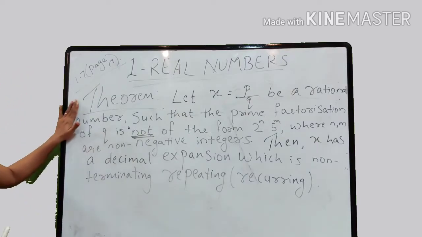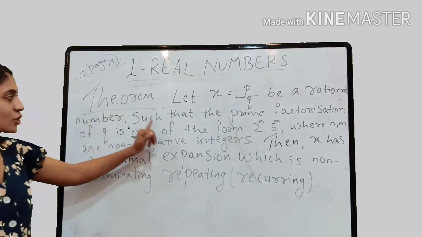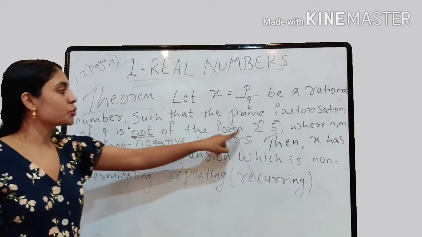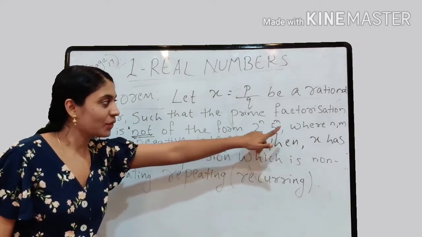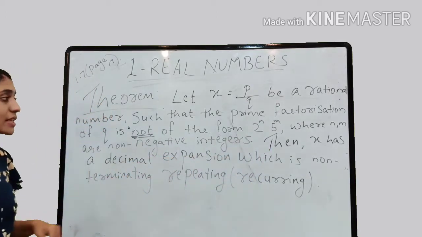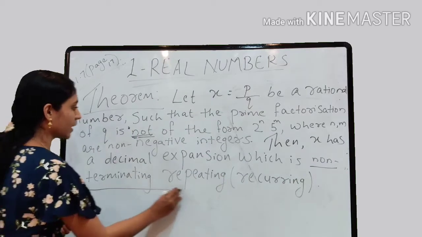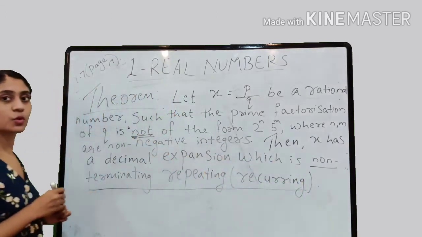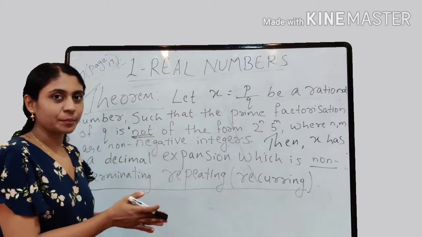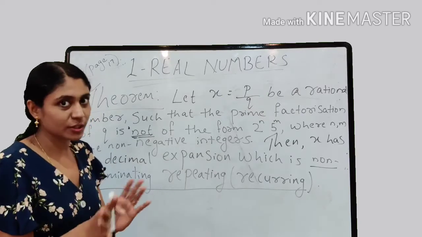So what the theorem says, once again, let x is equal to p by q be a rational number such that the prime factorization of q is not of the form 2 raised to n into 5 raised to m, where n, m are non-negative integers. Then x has a decimal expansion which is non-terminating repeating or recurring. So we studied 3 theorems today related to rational numbers: 2 theorems related to rational numbers whose decimal expansion terminates, right?